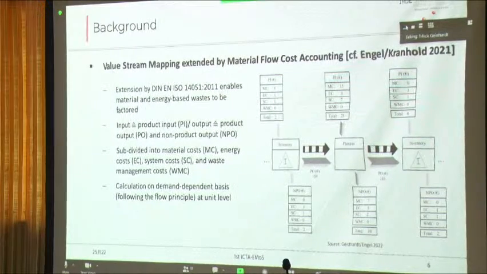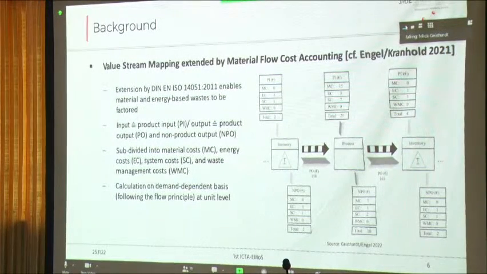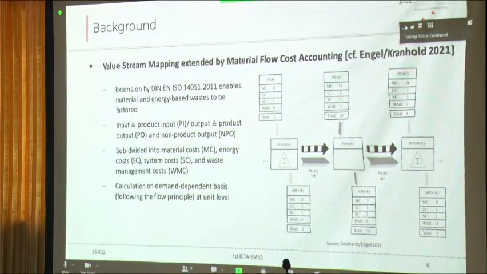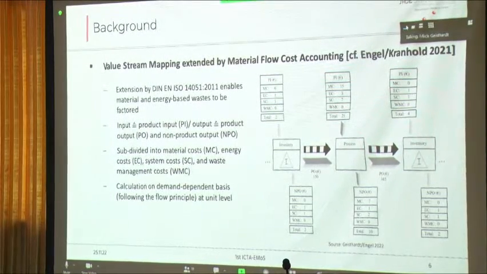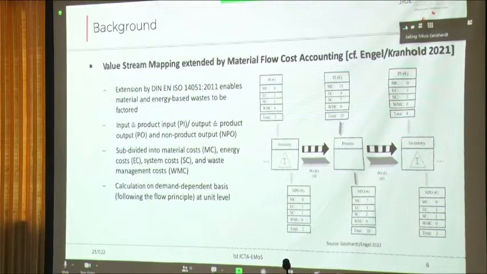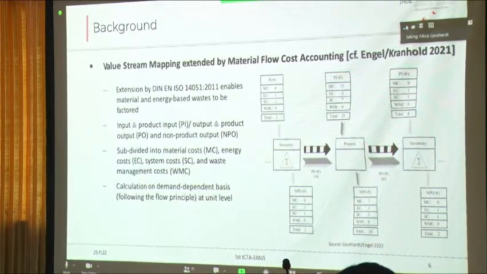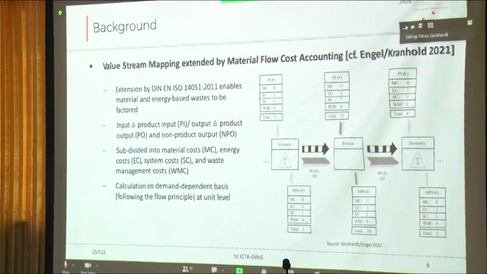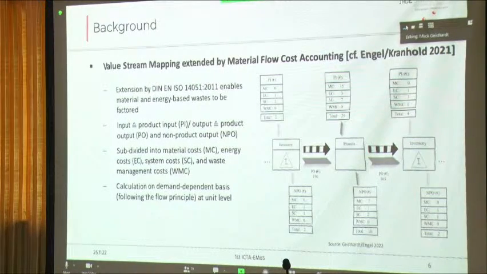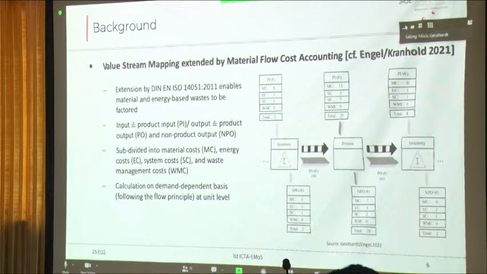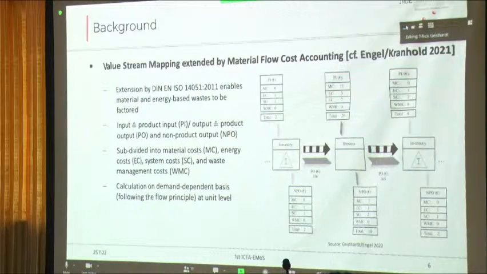The lean management principles, like we have defined wastes, we have defined guidelines for optimization, are established since a long time. I have not seen someone transferring it really into the digital world and using it. So I have not specifically discovered something like that.